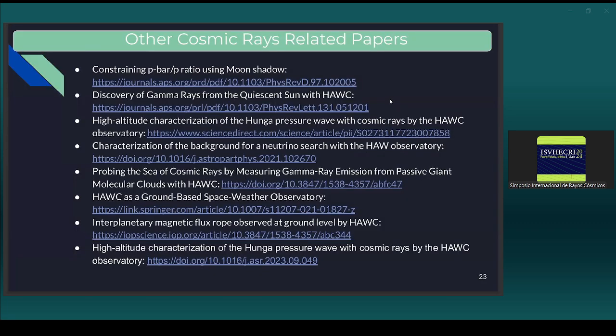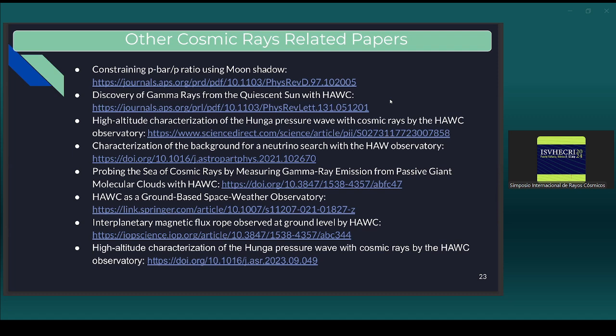And there are many other works about cosmic rays in the HAWC collaboration. I do not have the time to talk about all of these works, so I'm just putting this slide so you can access all of them. And one that I want to mention that I think is quite interesting is the characterization of the Hunga pressure wave with cosmic rays by HAWC.